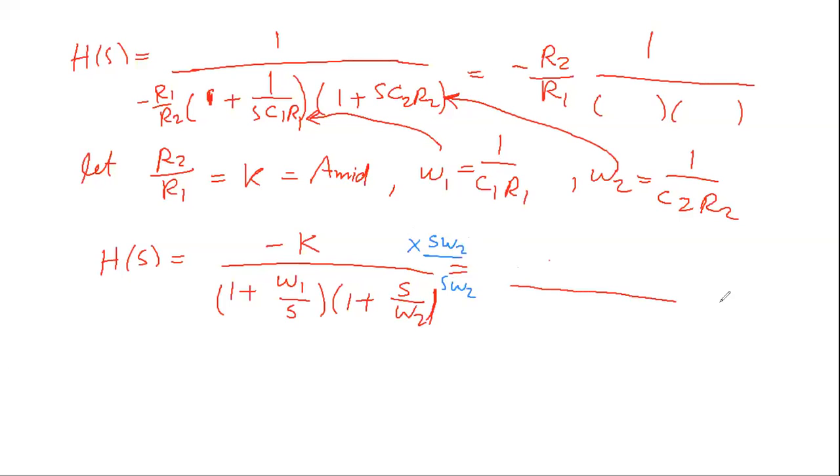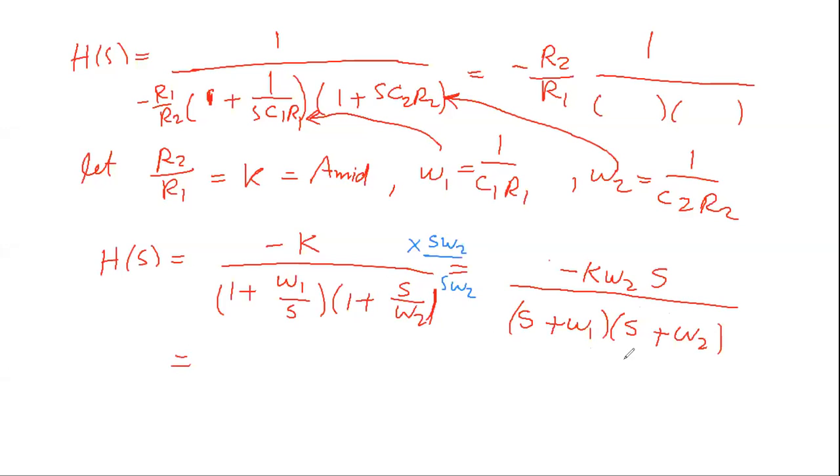So if you multiply the numerator by S omega 2, this is going to give you minus K omega 2 times S, divided by, if you multiply this S by this factor and omega 1 by this factor, S plus omega 1, times, if you multiply omega 2 by this factor, you're going to get S plus omega 2, right?